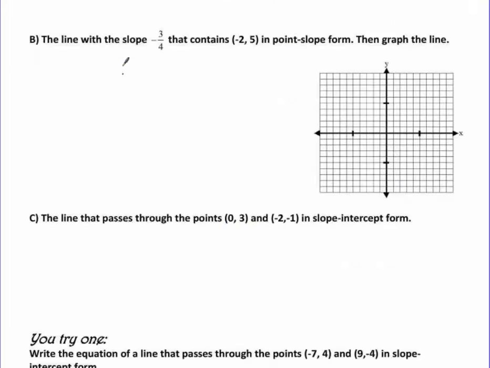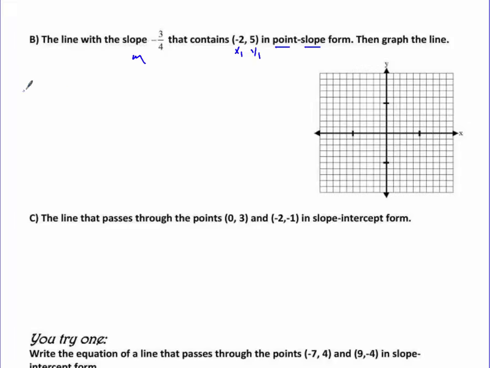All right, so we're on to another example. It says a line with the slope of -3 over 4, so that's the m, contains the point -2, 5, and they want it in point slope form. Well, -2, 5 is not the y-intercept because they would need a 0 for the x value, but it is a point, so it's an x1 and a y1.